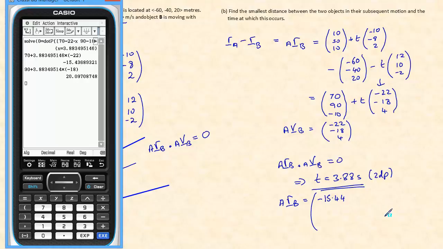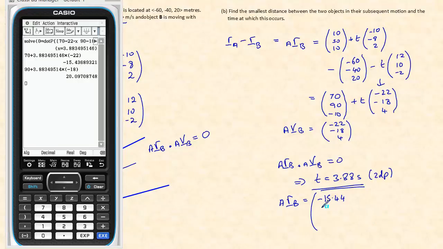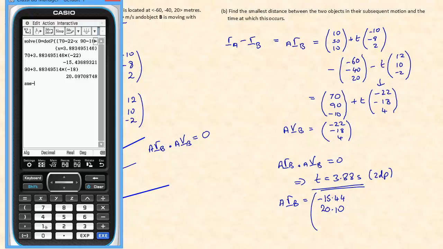So that's 20.10, if we go to 2 decimal places. And then finally we've got negative 10. I have to use the other negative, of course, so I don't get just the last answer. So negative 10 add the time multiplied by 4, 5.53.